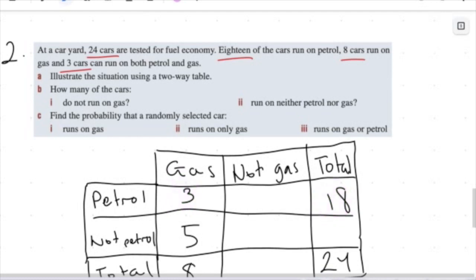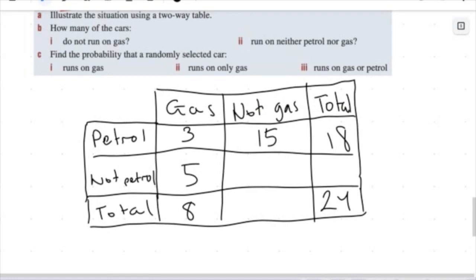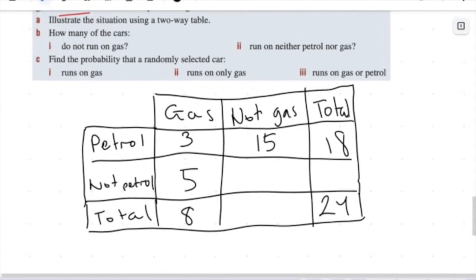So if 3 of them run on gas and petrol, the one that runs on just petrol is going to be the difference between 18 and 3, which gives me just 15 there.